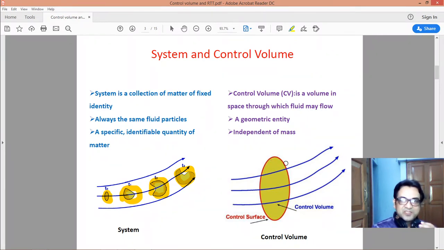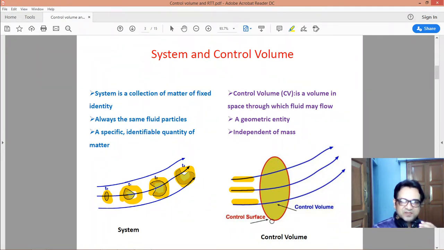But a control volume is a volume in space through which fluid may flow. A control volume is a fixed region in space, through which fluid particles are flowing. So a system has a fixed mass, and a control volume is a fixed region in space, independent of the mass.